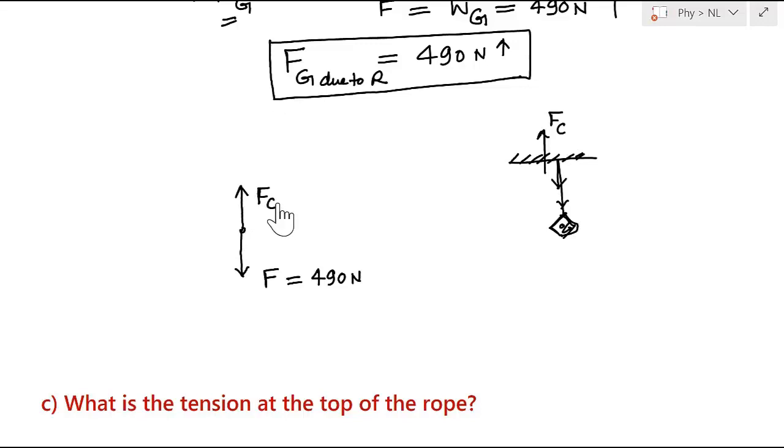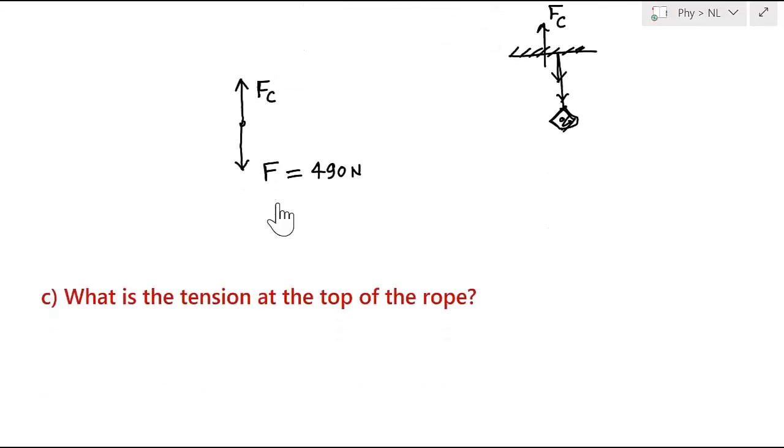So now this rope is in equilibrium. We can say the sum of all the forces is equal to 0. So what are the forces acting on this rope? This is the free body diagram of the rope. Sum of all the forces: in the upward direction we have force Fc.